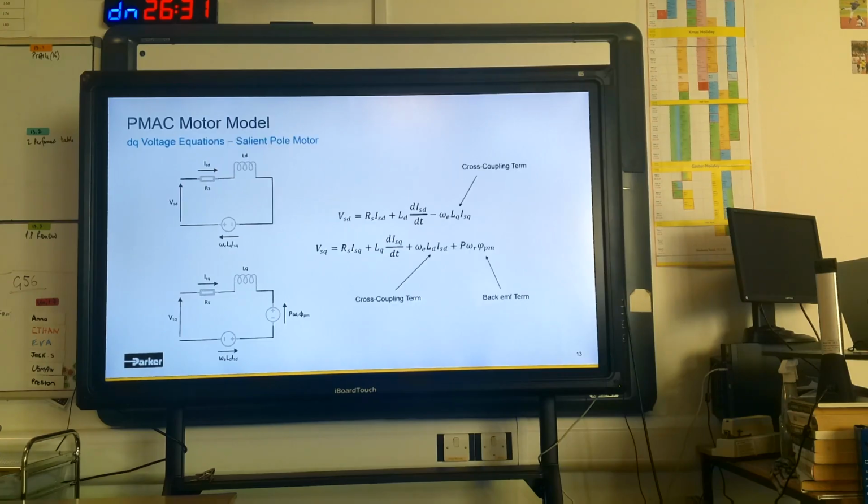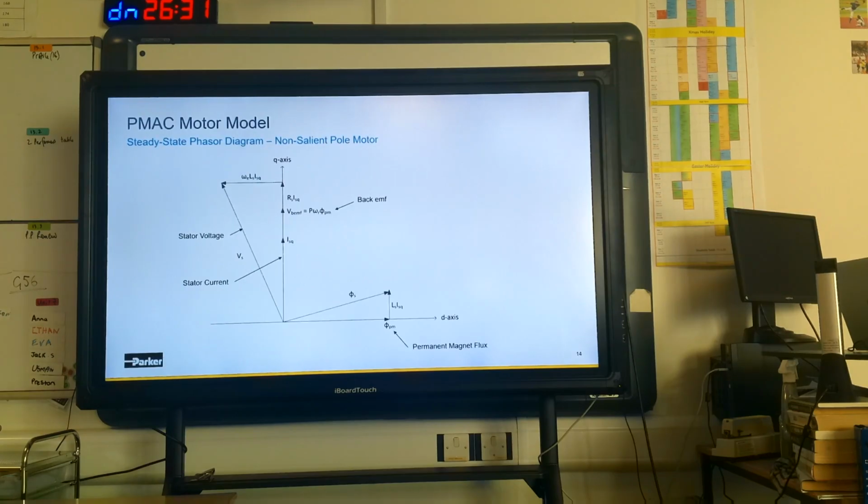If I substitute in those flux equations, you'd end up with the standard sort of equations now. You probably recognise things like inductances and rate of change of currents, cross-coupling terms, and a back EMF. So if I was to look, well, this is probably dragging people back a bit, steady-state phasor diagrams for AC machines.